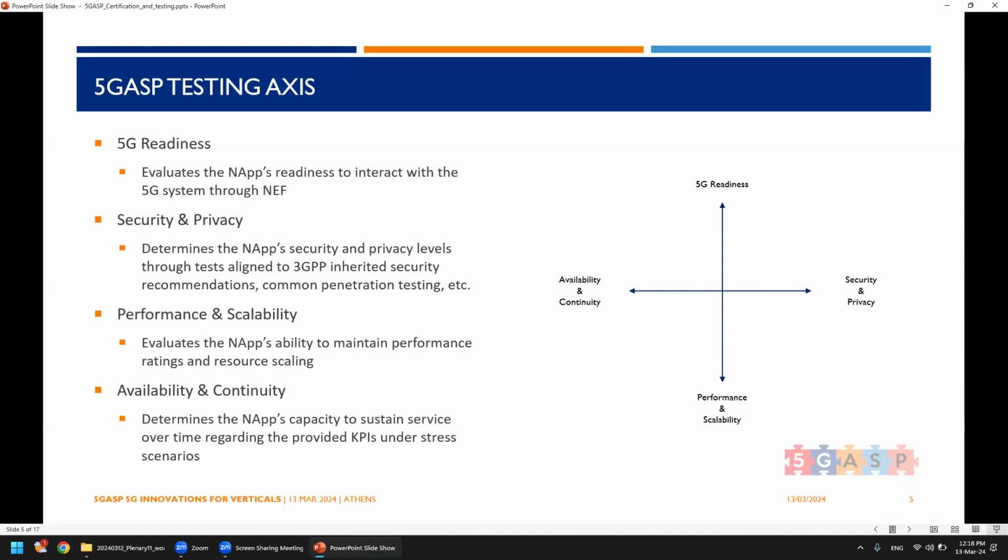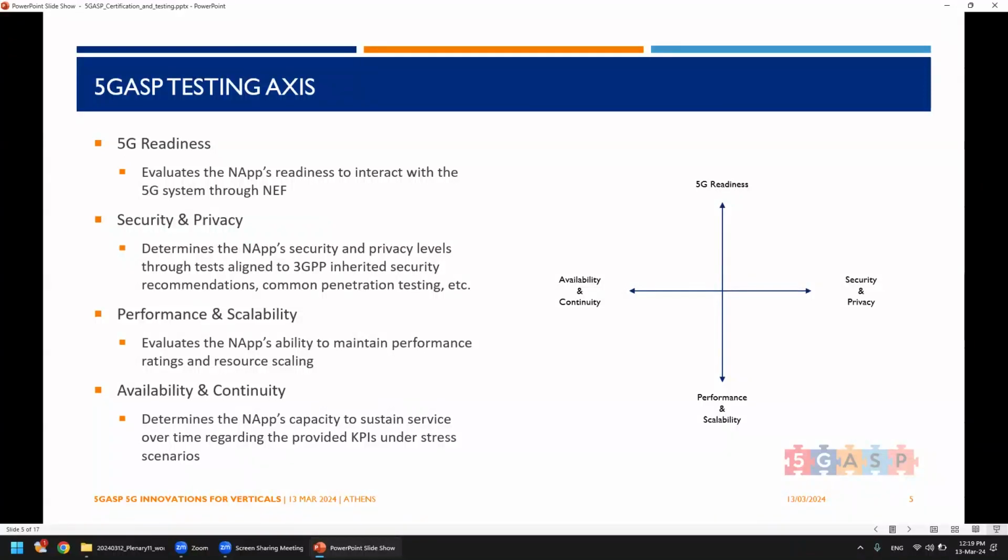They are not referred to here because they do not contribute towards certification, since, as one can understand, self-testing is not a means of certifying anything. This is the reason that only the 5GASP-defined tests are showcased here. These tests follow specific axes, as you can see, four axes in particular.